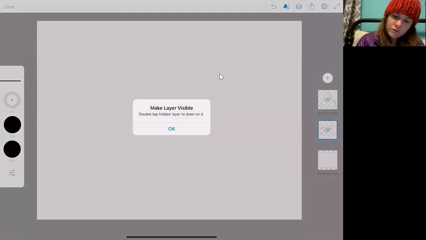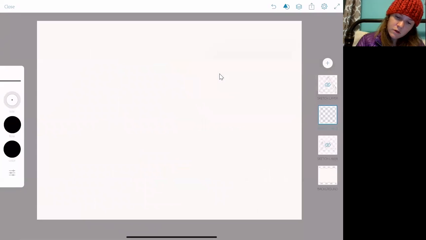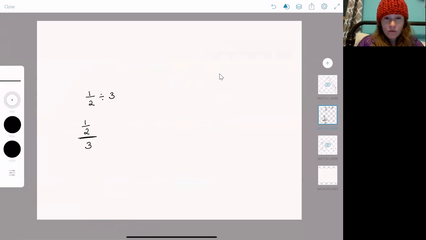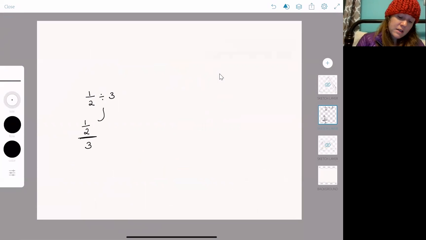So if I have 1/2 divided by 3, that's really confusing. These are the same thing, but that's not how I want to express this.